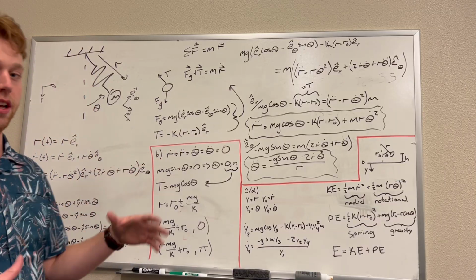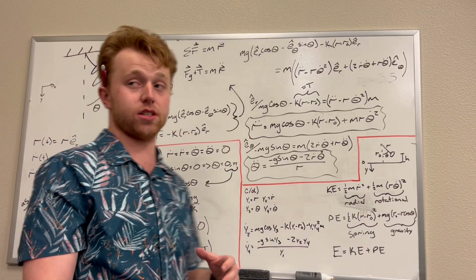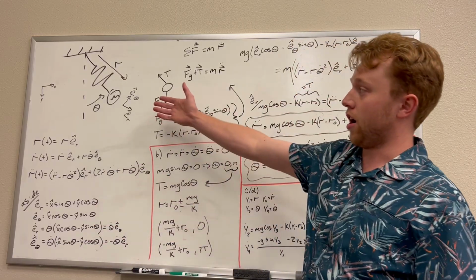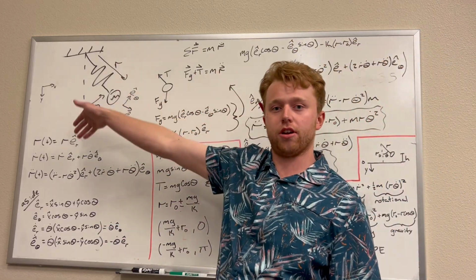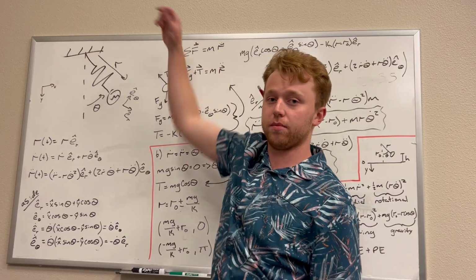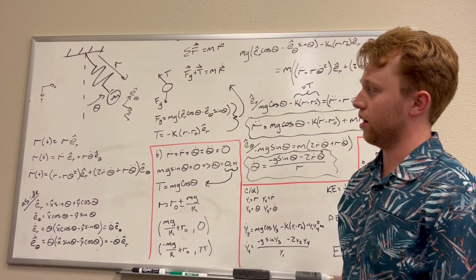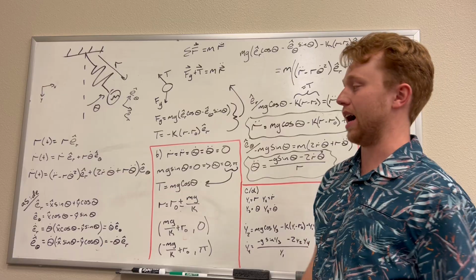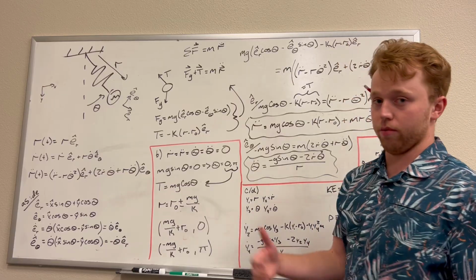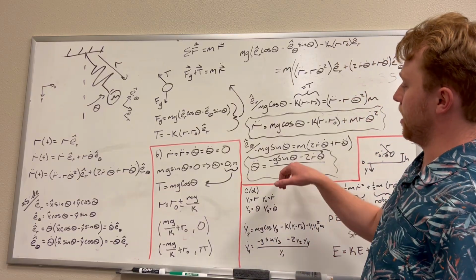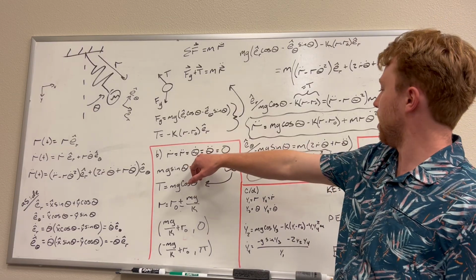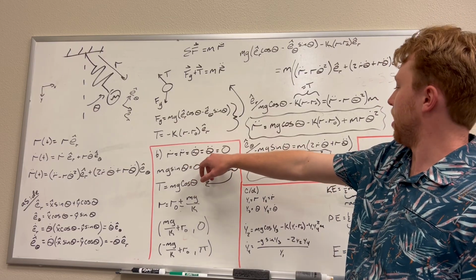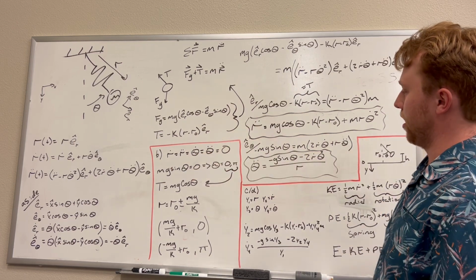And so we can start with theta. Just intuitively, to me, that makes more sense. Obviously, from the diagram, the equilibrium is going to be when the ball is just hanging straight down, or if it's balanced perfectly up top. So that's going to be when theta is 0 or theta is pi. We can see that mathematically when we take these terms here and set theta dot, theta double dot, and R dot all equal to 0.